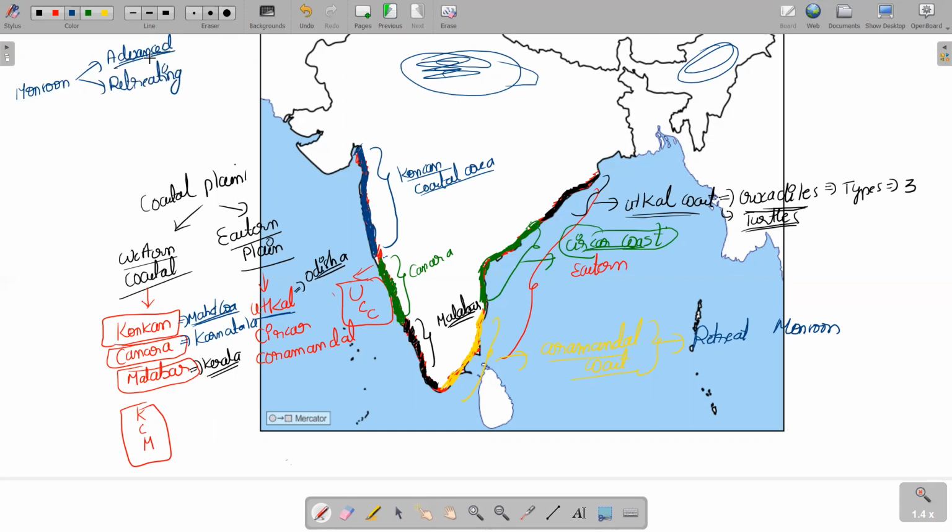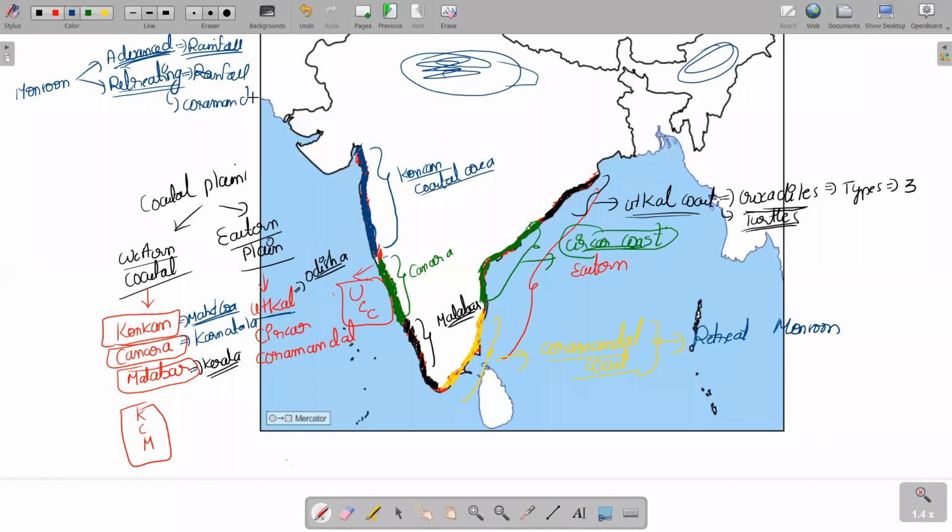So in the advancing monsoon, where is the rainfall? All the coastal areas will have the rainfall, except which coastal area does not get rain? The Coromandel coast. Now don't ask me, sir, why the Coromandel is different, that is a different story. On the Coromandel coast there is no rainfall in the advancing monsoon, but the only coastal area where the rainfall will happen in the retreating monsoon is none other than the Coromandel coast.